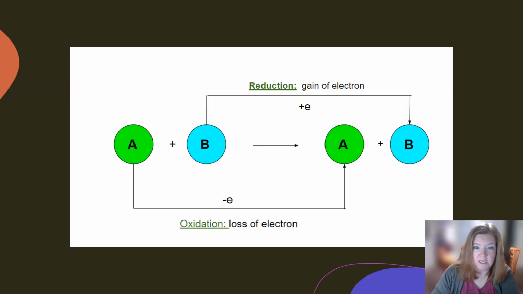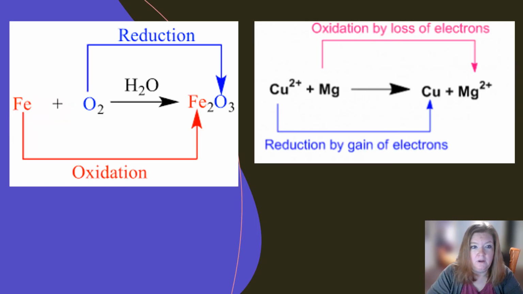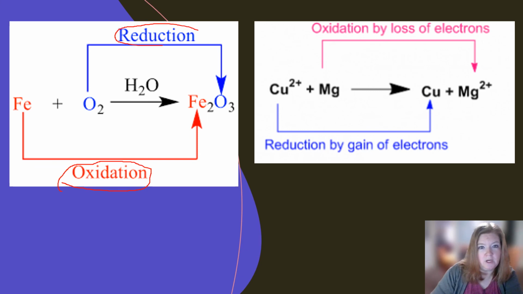So you can see in this reaction, we have one that is being oxidized, going through a loss of an electron, and then this one is gaining, so one is being reduced, going through reduction. So in an equation, one thing goes through oxidation, one thing goes through reduction.